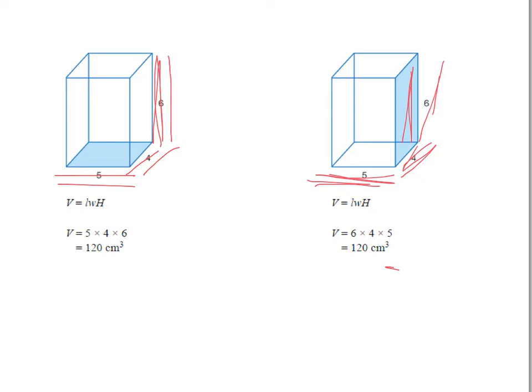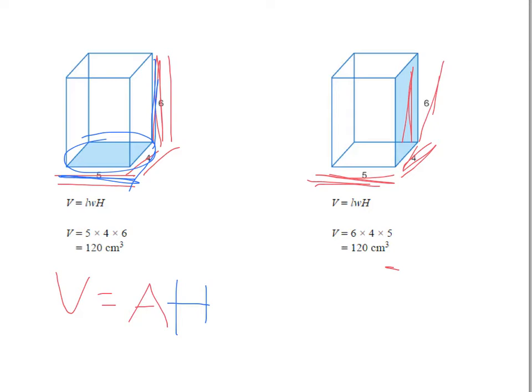What they're basically saying is that volume is equal to the area times the height. Over here the area would be 5 times 4, which is 20. You'd multiply that by 6. So yes, you can multiply them all together, or you could just work out the area and then multiply it by the height.